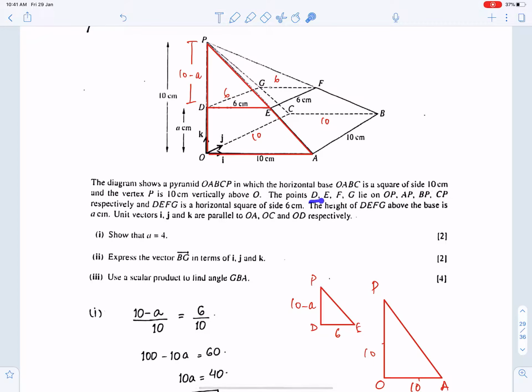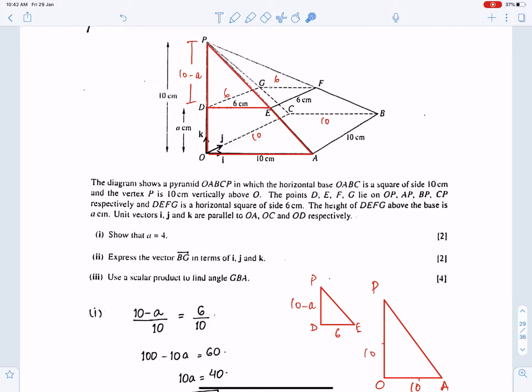The points D, E, F, G lie on the sloping faces. Well, DEFG is a horizontal square of side 6. So all lengths will be 6. And the height is A of this. Now show that A is 4.